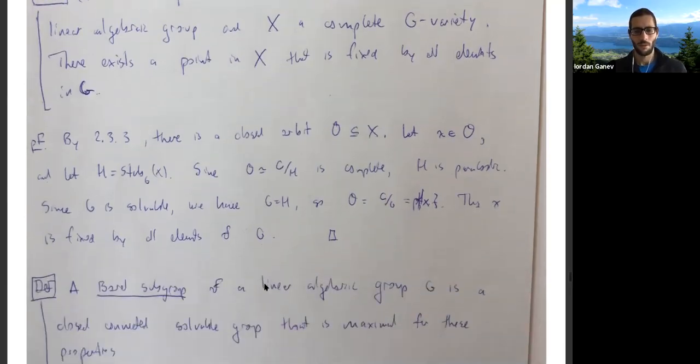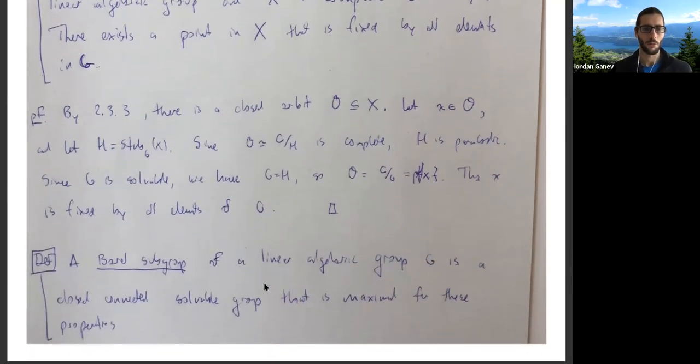Okay, so now we're ready for a definition. You may be wondering why I was using this notation B for this subgroup of upper triangular matrices. The reason is it's a Borel subgroup. So what's a Borel subgroup in general?